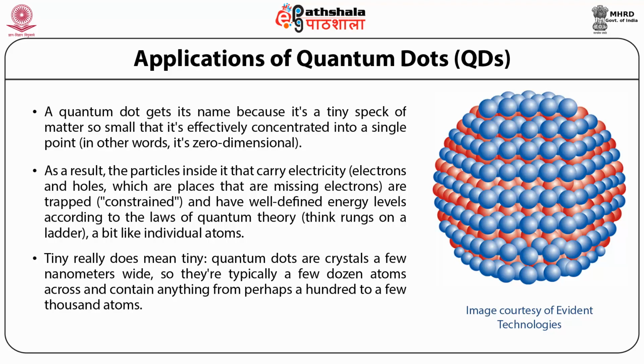Tiny really does mean tiny. Quantum dots are crystals a few nanometers wide, so they are typically a few dozen atoms across and contain anything from perhaps 100 to a few thousand atoms.